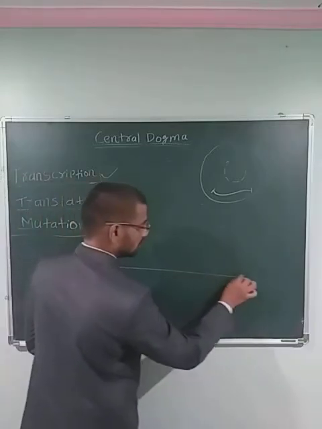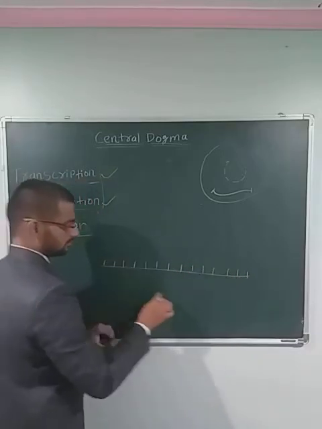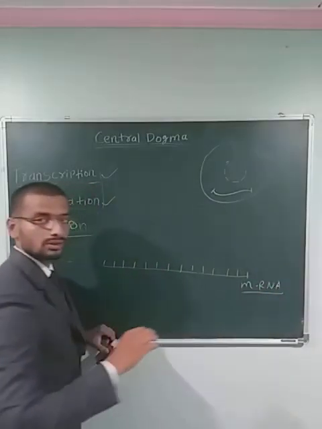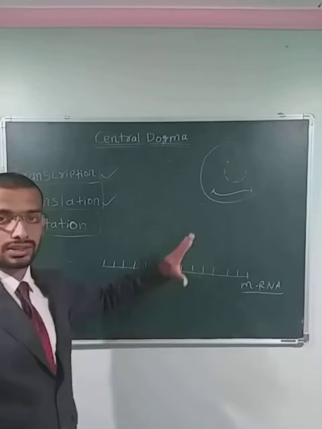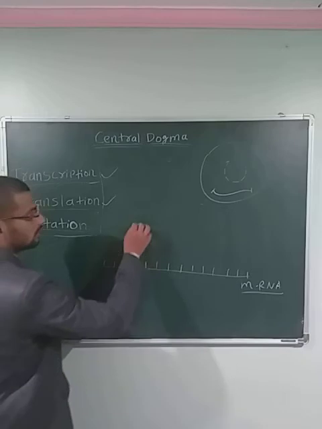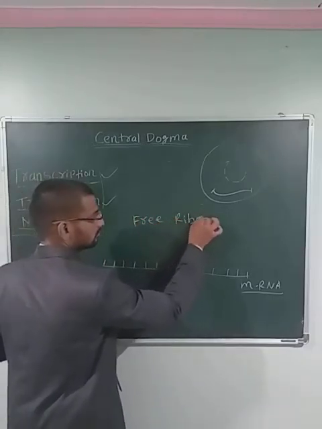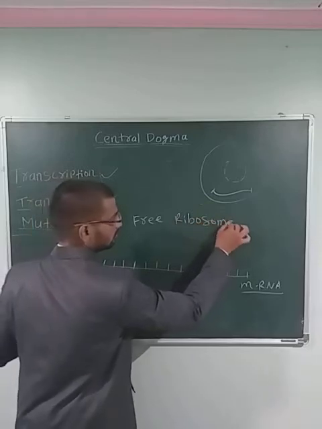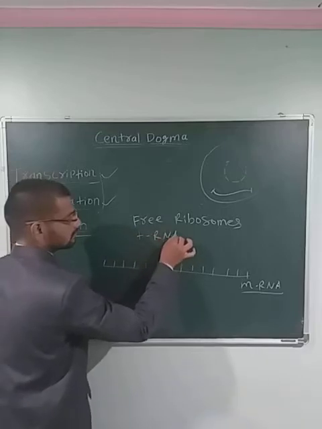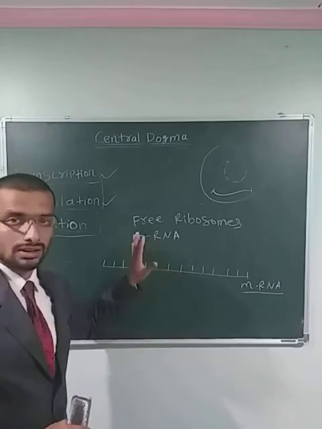So, we have an mRNA which is transcribed from its original DNA, whose protein we are interested in. The free ribosomes and tRNA are very essential for the process called translation.